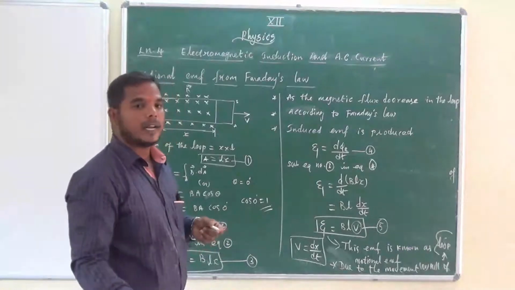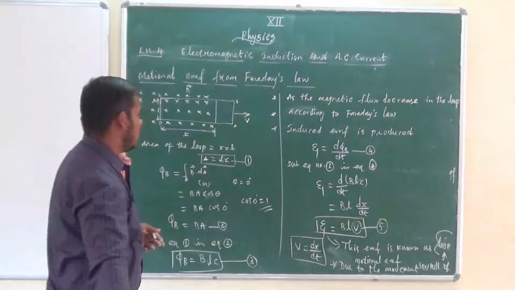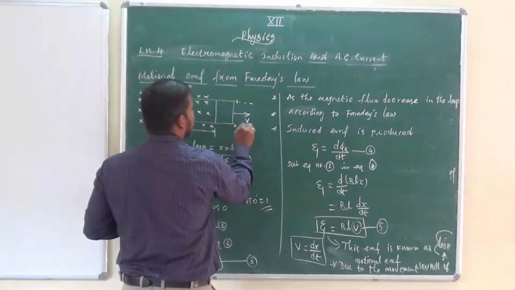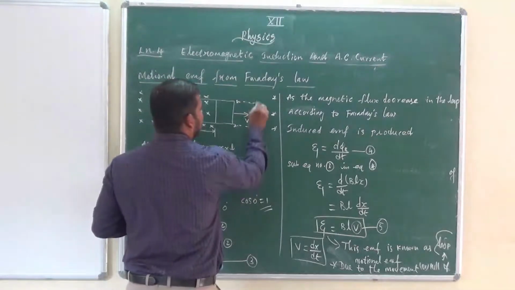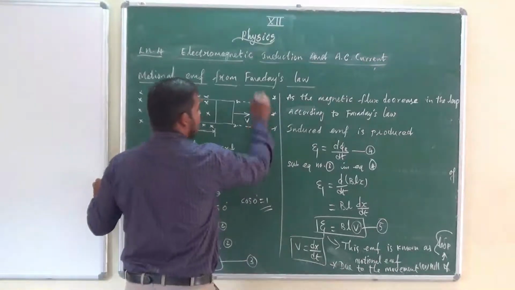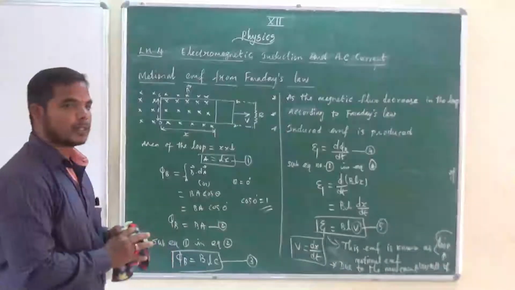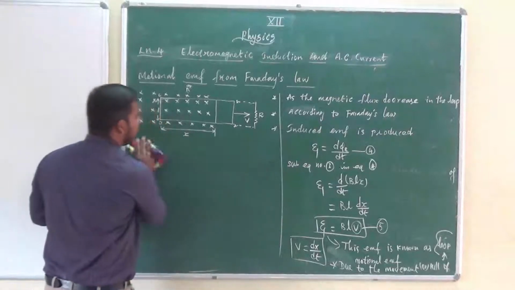Okay, got it. Next, suppose the loop is connected, see the diagram, by an external circuit. The external circuit consists of resistance. So how much current is produced in the circuit, we can identify using the equation we already derived.